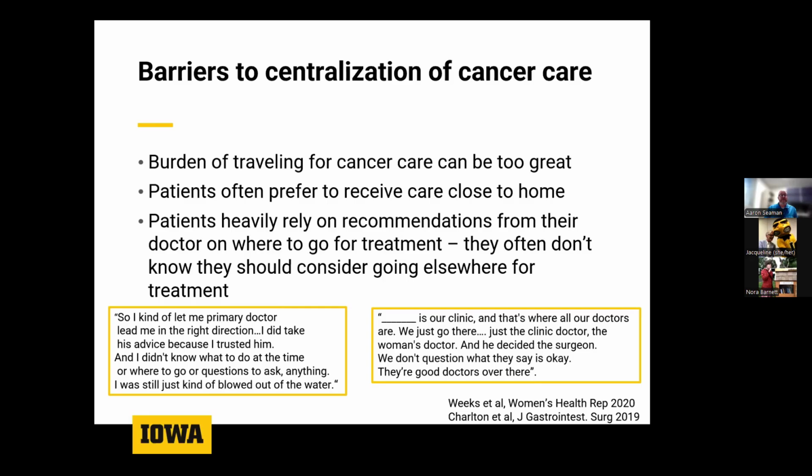Patients often prefer to receive cancer care closer to home, and patients heavily rely on recommendations from the doctors on where to go for treatment. And they often don't know that they should consider going elsewhere for treatment. And so they are diagnosed in a clinic or hospital in their local community and then not referred to a more specialized cancer clinic elsewhere.